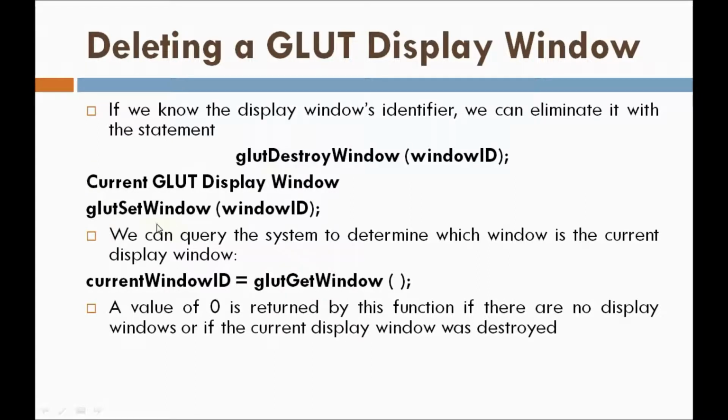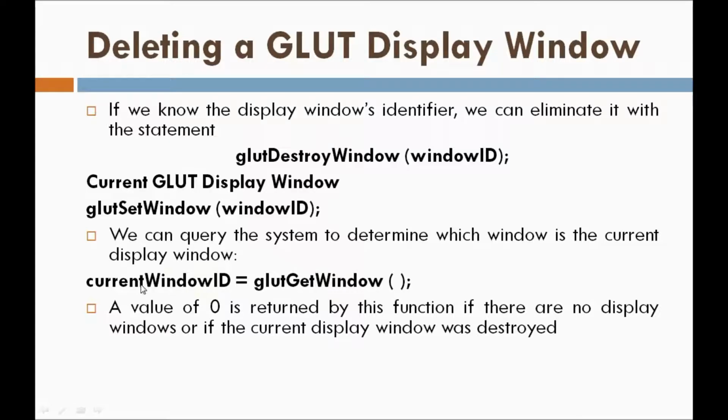And one more command is there. We can query the system to determine which window is the current window. If you want to know which is my current window, you can use the command current window id is equal to glutGetWindow. This will give the current window you are using. If you are using the first window as the current window, this will return the value of that current window.